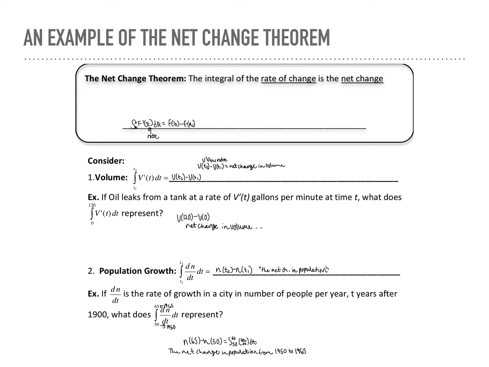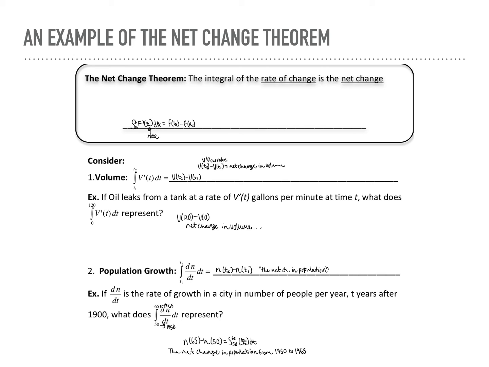For problems like these, we'll consider volume, the flow rate and the net change in volume. For example, if oil leaks from a tank at a rate of v prime of t gallons per minute at time t, what does the integral from 0 to 120 of v prime of t dt represent? That represents the net change in volume.